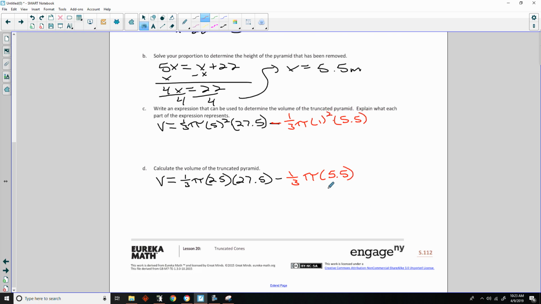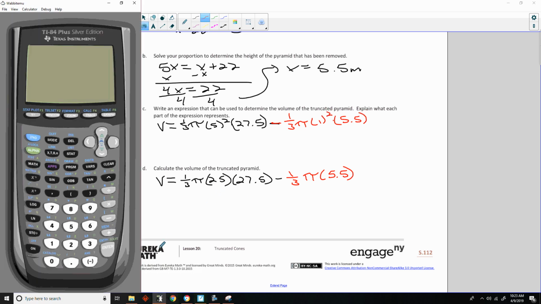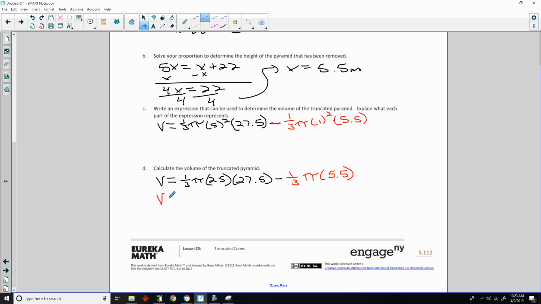And now I'm just going to calculate this. So I guess the easiest way would just be use your calculator. So I'm going to multiply 1/3, and remember fractions should be in parentheses, so it does order of operations correctly, times 25 times 27.5. Okay, and that's going to give me 229. Now remember, I'm not going to round yet.